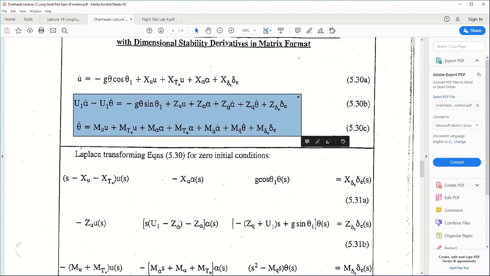All right, so now we have 3 equations and 3 unknowns. We have u, alpha, which is related to w, and theta, which is related to q. And notice here he's plugged in for q, he's plugged in theta. For q dot, he's plugged in theta double dot. So to get to this point, you are going to use the fact that q is theta dot and that alpha is w over u1. So we have 3 equations, 3 unknowns.